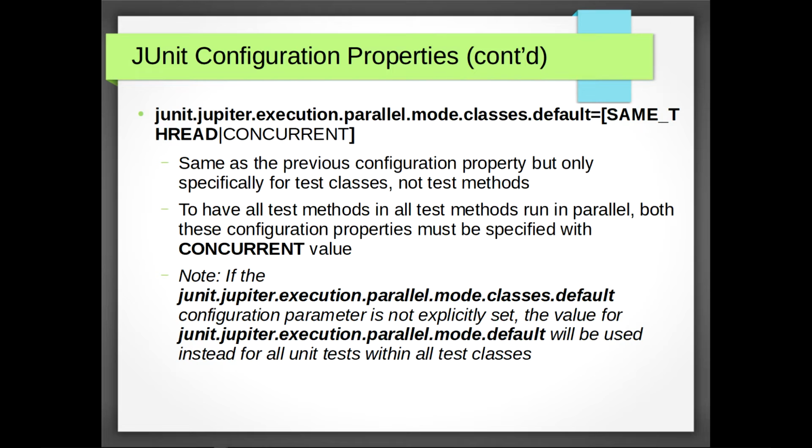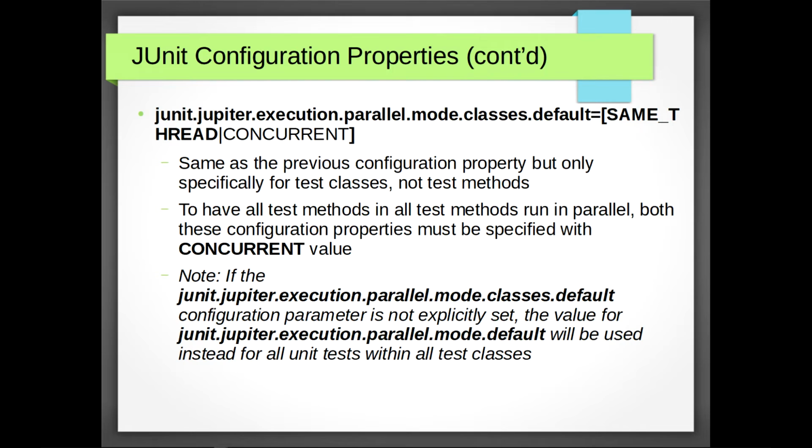So for example, if we made this last classes variable be concurrent, but we make the previous variable be same_thread, then what will happen is that if we have 10 test classes, the runtime will spawn roughly 10 threads and run all the unit tests of a particular test class in one thread.